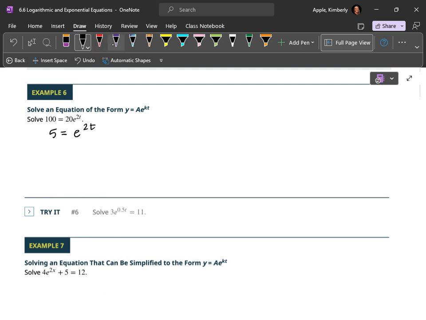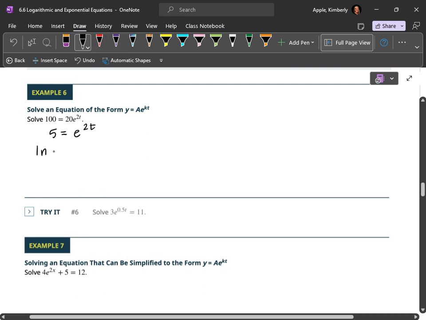And so now we can just take the ln of both sides. So the ln of 5 equals the ln of e to the 2t. But recall that the ln of e, this is just the log base e of e, and that does in effect cancel out, and we're just left with the exponent 2t. And then dividing both sides by 2, I'll obtain a value for t. So this is the exact value.